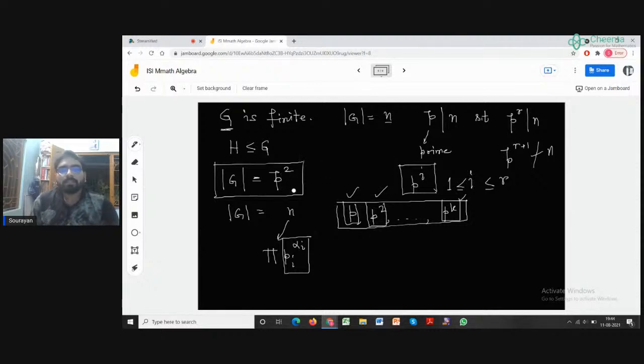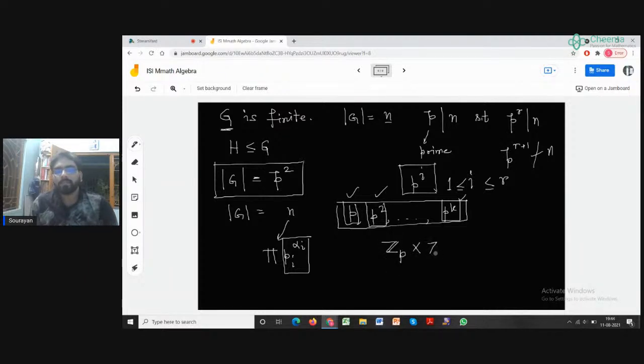Since it is of order p square, you know that it has to be an abelian group, right? Because every group of order p square is abelian. That means if you use the fundamental theorem of abelian groups, there are two possibilities now that you have.